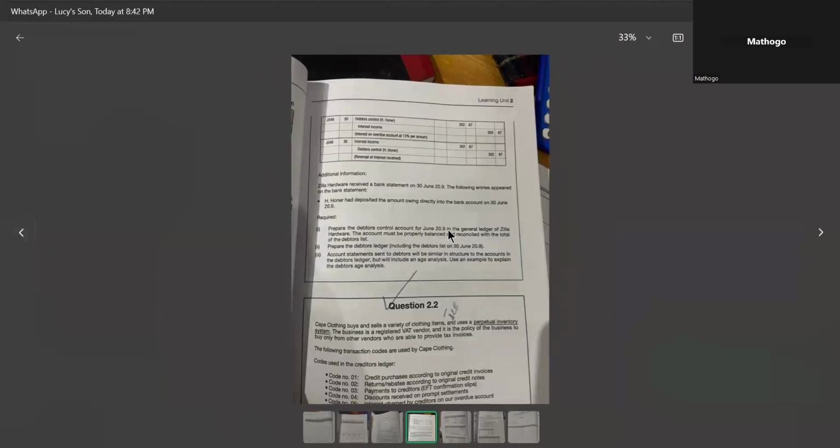Do you see it's for June 20.9? Yes, sir. Prepare the debtors control for June 20.9. So anything that is prior to the month of June 20.9 will be closing balances from the previous month, but they will be used in June as opening balances. Are we together, young men?